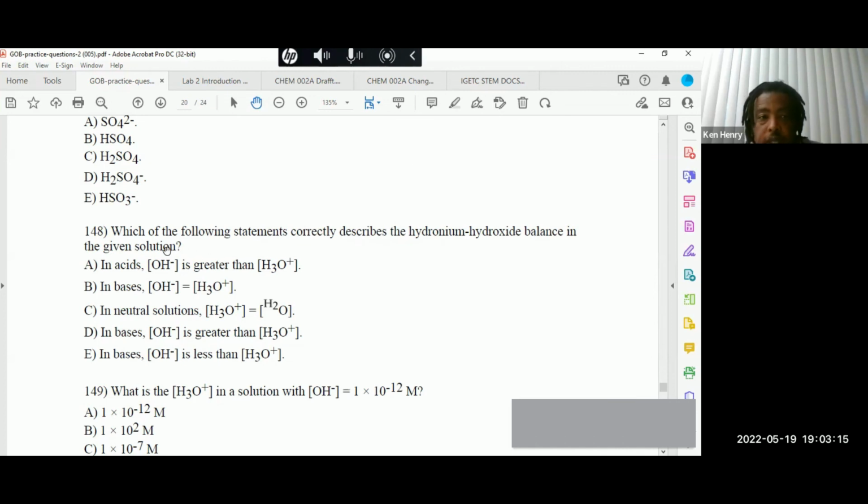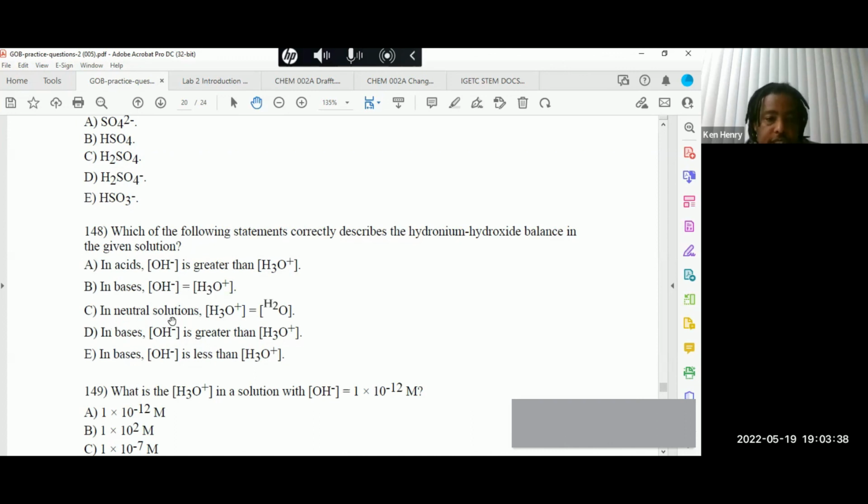Okay, which of the following statements correctly describes the hydronium hydroxide balance in a given solution? In acids, OH minus is greater than H3O plus. In bases, OH minus equals H3O plus.